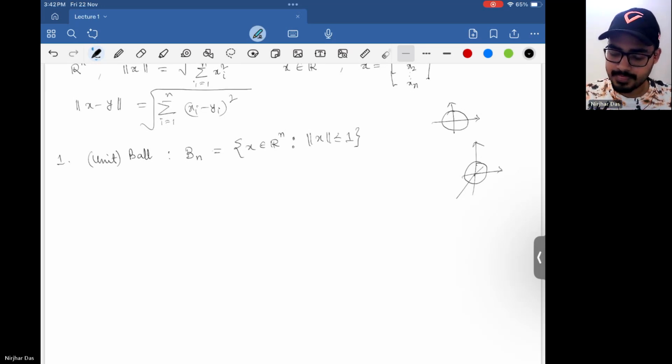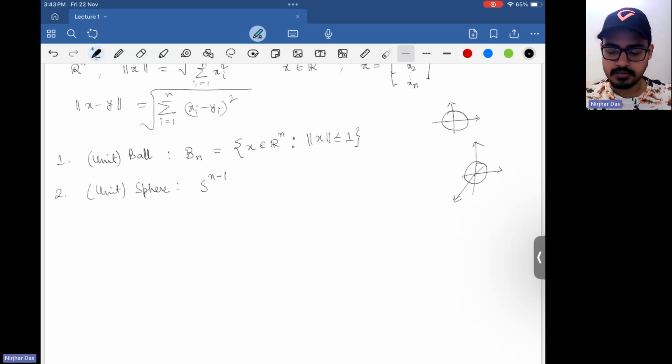And in high dimensions, this is given by norm of x less than or equal to 1. Then we have the unit sphere. We will call this just sphere, and denote it with S^(n-1). This is given as the collection of all vectors in R^n such that their norm is exactly equal to 1.